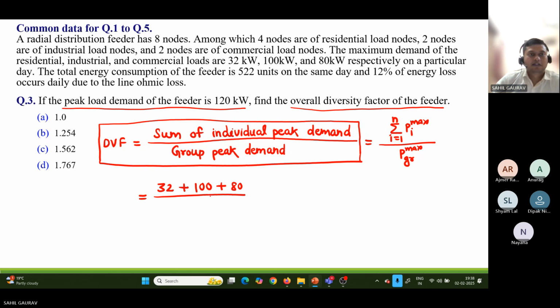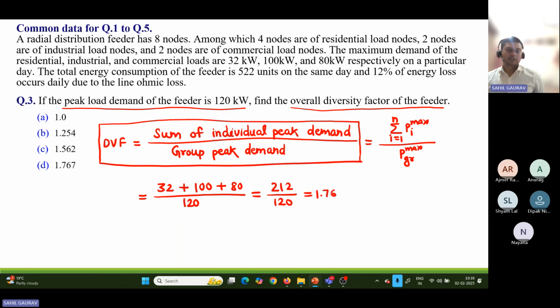And it should be divided by group peak demand. The peak load demand of the feeder, that is group peak demand, is 120 kilowatt. So you will get the diversity factor. 212 upon 120, so it is coming as 1.767.